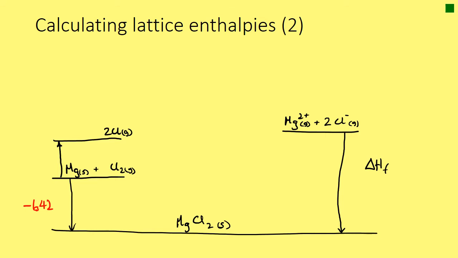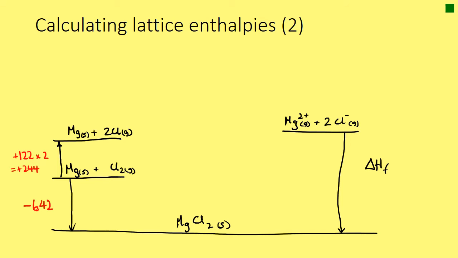It is 122, energy in, and we have to multiply that by 2, so it is 244 kilojoules per mole of chlorine gaseous atoms. Our magnesium didn't change, so we just put that in there as magnesium solid like it was.